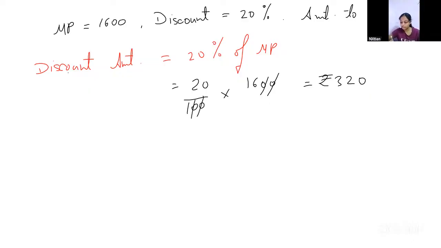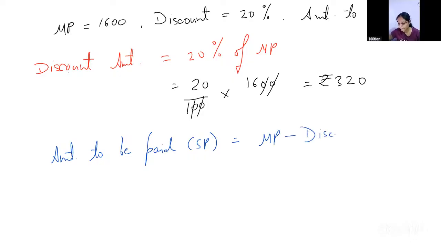Amount to be paid, or selling price, which will be market price minus discount. What is my market price? 1600.